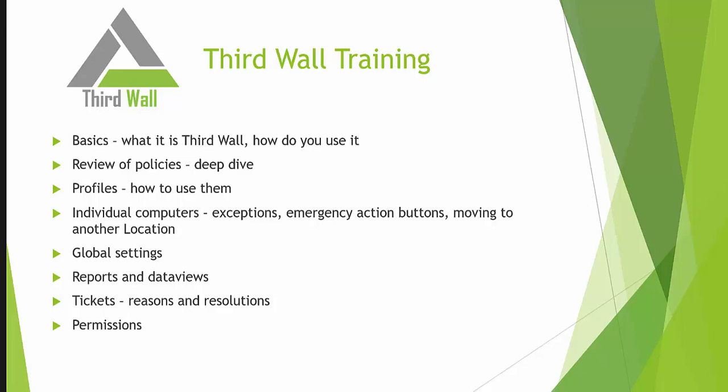We'll talk about profiles. Again, how to use profiles to take those policies and apply them across multiple locations easily. We'll then focus on individual computers where you make exceptions, where you use emergency action buttons, and you use some settings to move computers from one Automate location to another location. We'll talk about global settings.